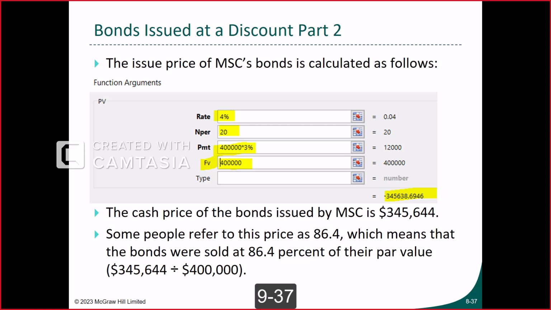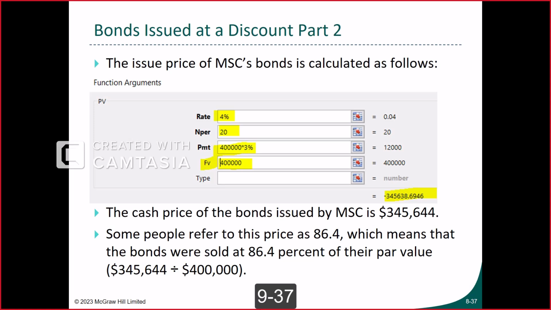And then, not required but if we have it, we can add it. And in this case, we have it. What would be the future value? FV means the future value. What are you going to pay back or reimburse at the maturity date? We are going to reimburse $400,000 at the maturity date, the full amount, the principal amount. You don't need to indicate the type. As I said, you can leave it empty.